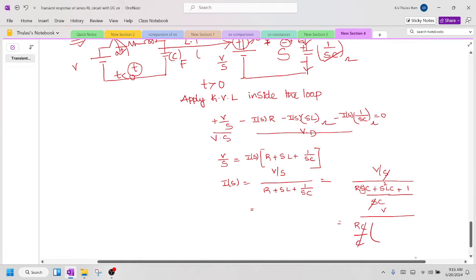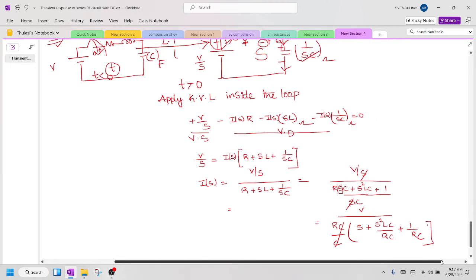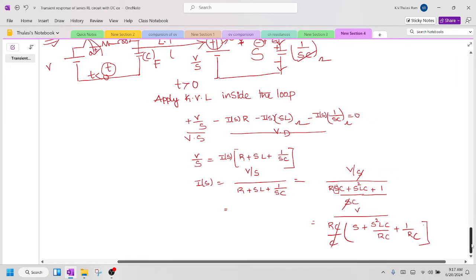So when you divide with RC, you are going to get S plus S square LC divided by RC plus 1 by RC. Okay, so this is the expected expression we are going to get. Let's try to solve it further.